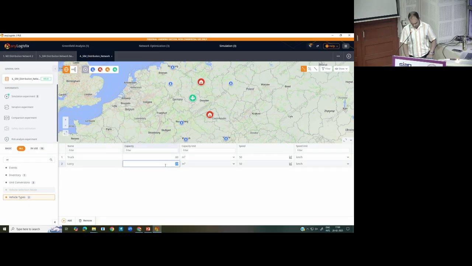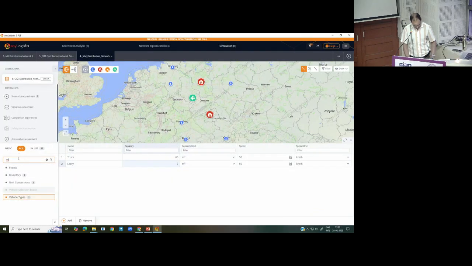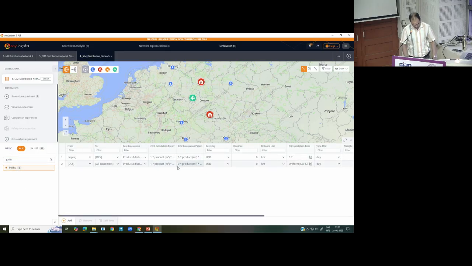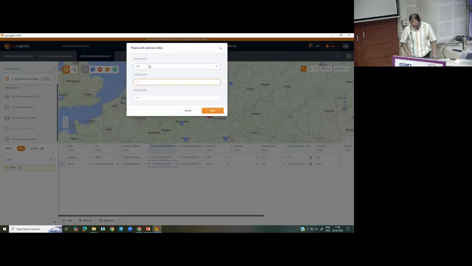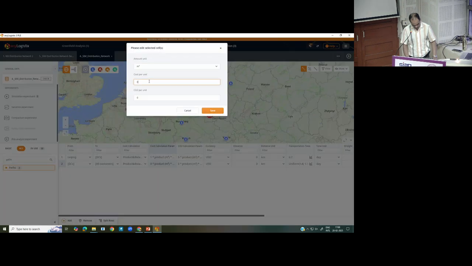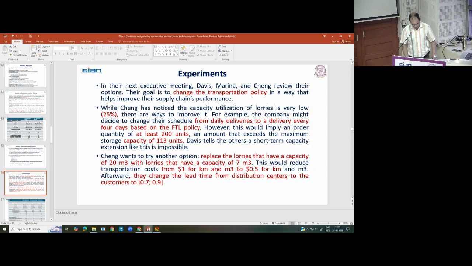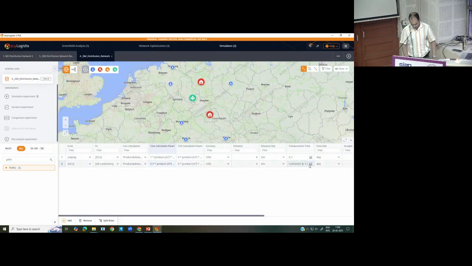So they are making it 7. And then transportation cost will also change in the path. From DC to all customers, it will be reduced to 0.5, and then the lead time from the distribution center to 0.7 to 0.9.